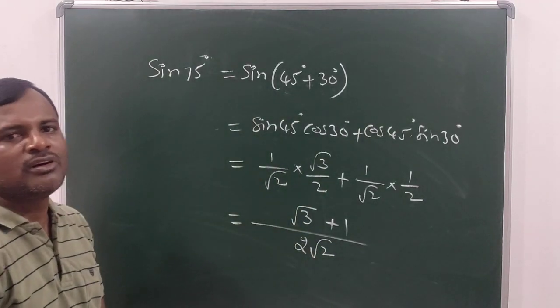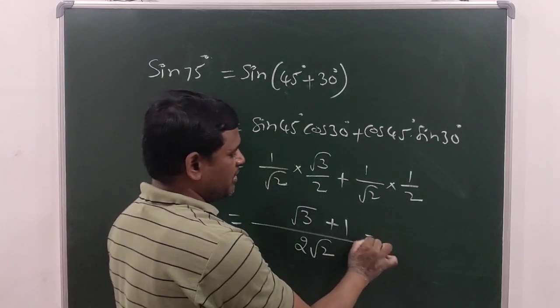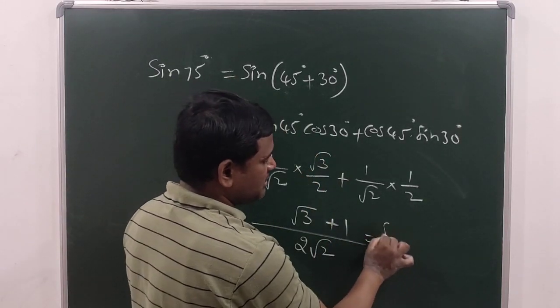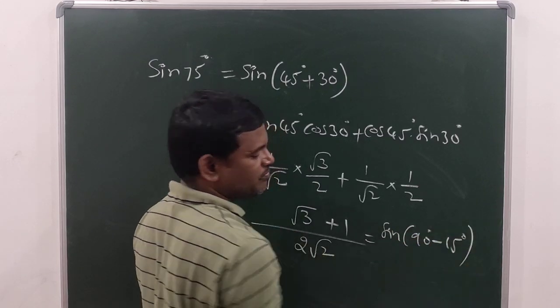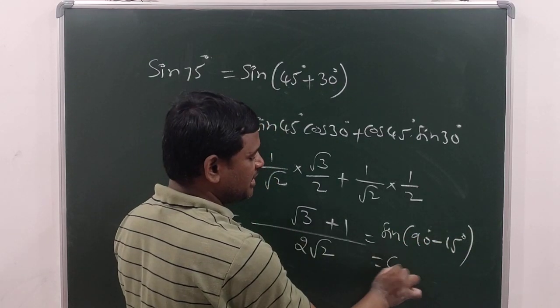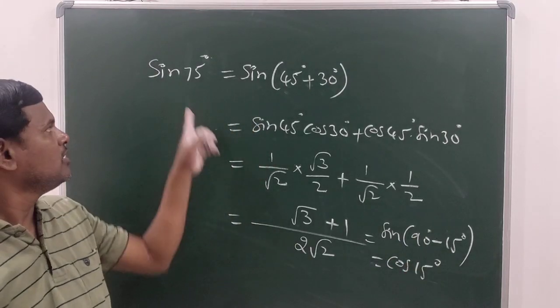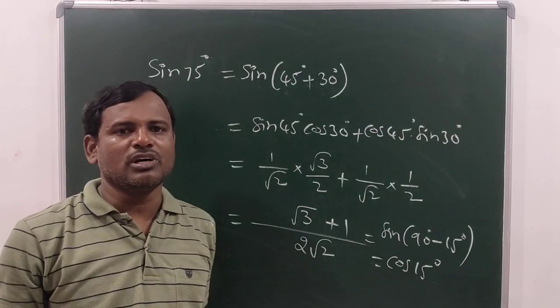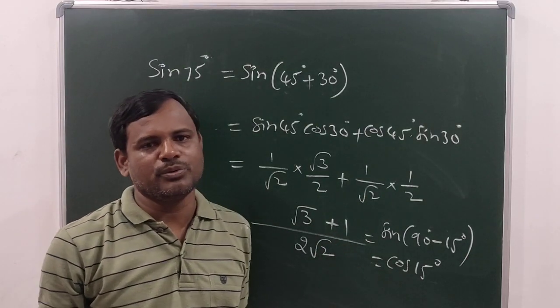Square root of 3 plus 1 by 2 root 2. Even 75 degrees can be written as 90 minus 15 degrees. Now sin 90 minus theta is equal to cos theta, so sin 75 is equal to cos 15. How much is that? Square root of 3 plus 1 by 2 root 2.